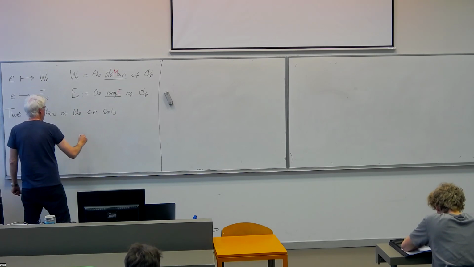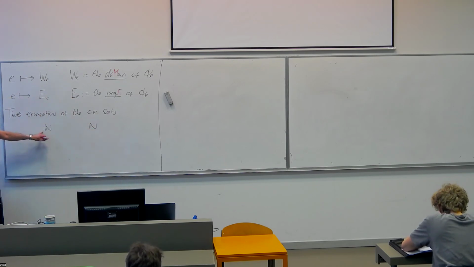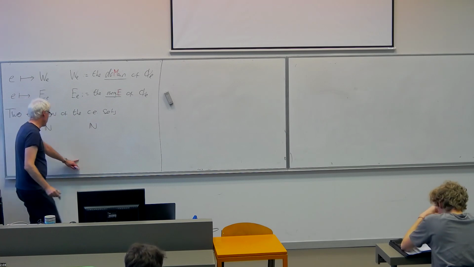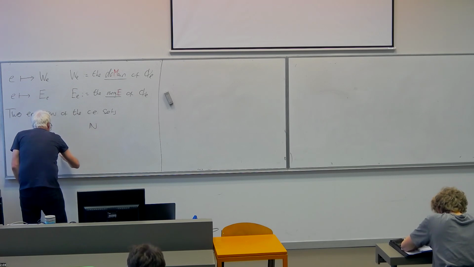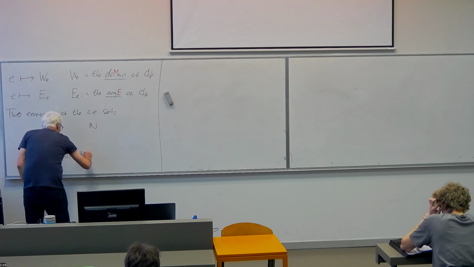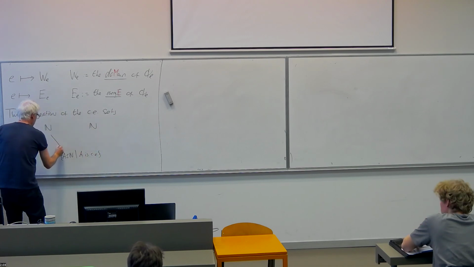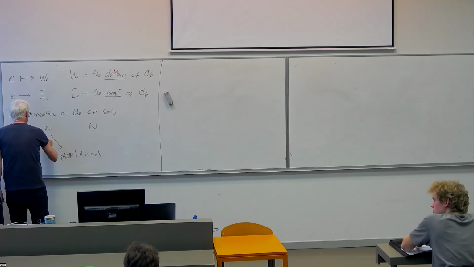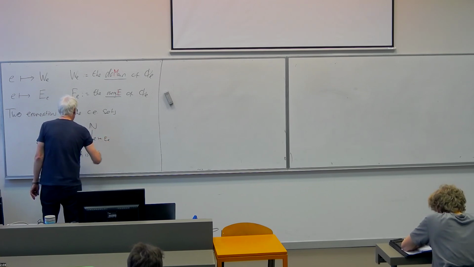And because these are total surjective functions, they map us from the natural numbers to the set of computably enumerable sets, so the set of all sets of numbers A which are computably enumerable. Here we have E maps to W. Here we have E maps to E.